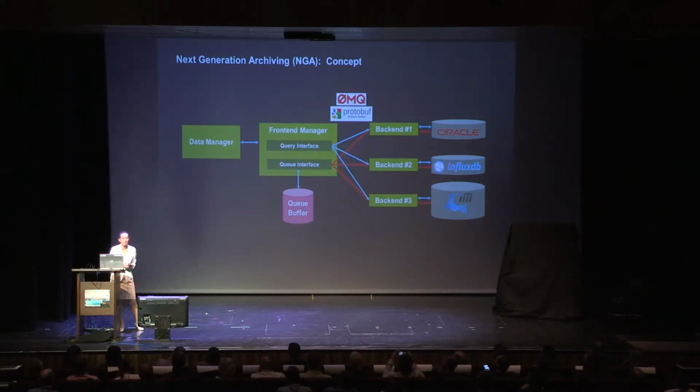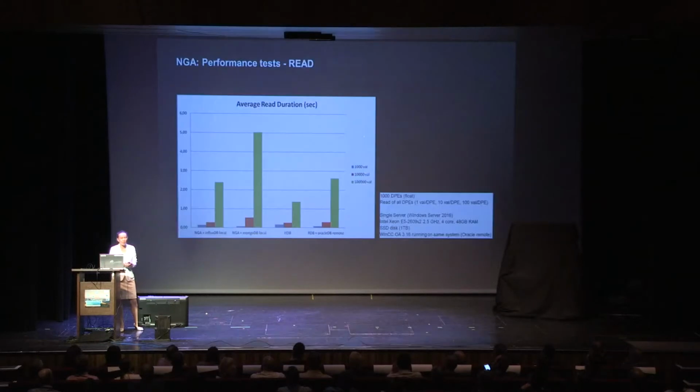So what we did is we compared and measured MongoDB together with InfluxDB, which was the second NoSQL database placed in our evaluation, and compared this with our current solutions, HDB, the value archive, and RDB based on Oracle.